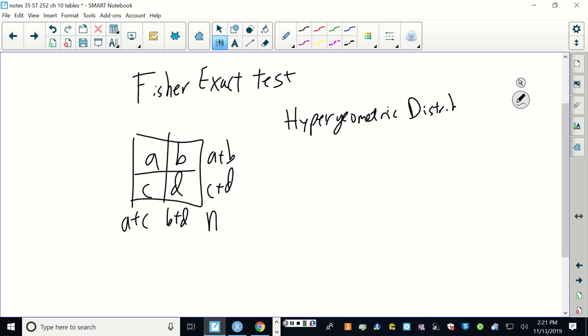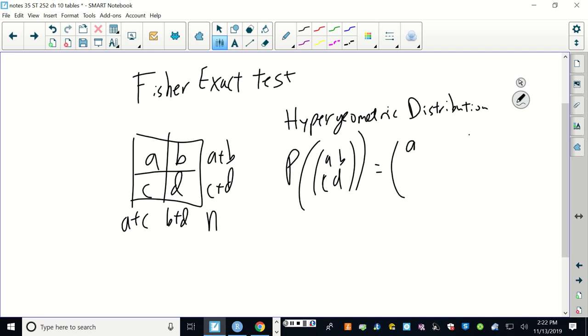For those of you who have taken probability theory, a hypergeometric distribution is often described with balls in an urn, where you have so many red balls and so many white balls, and then you pick a certain number and classify them. So the probability of this table, A, B, C, and D, given those margins: you have A plus B in that row, and A are selected there, and you have C plus D in this row, and C are selected there.